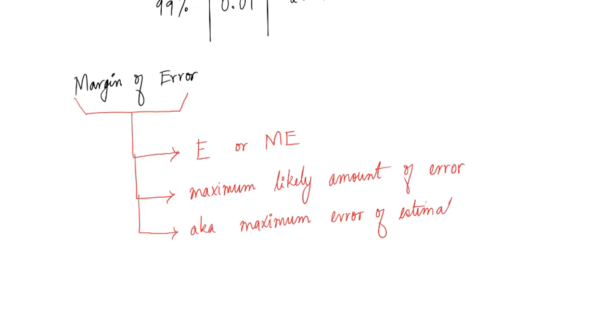Remember, we don't have full details about the population, so whatever you're doing with the sample will be a best estimate at best, right? So it can only be an estimate, it can be a guess that we are trying to moderate so that it is reliable to use to some extent. And what is that extent? Well, we're saying, here's the margin of error. This is the maximum likely amount of error we can accommodate so that we can be confident about what we are projecting. Yeah.